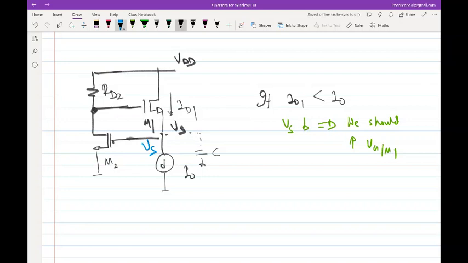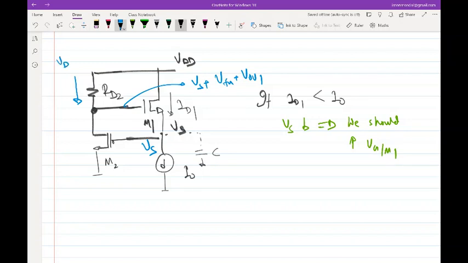You assume W by L to be equal to start off. This voltage will be Vs plus VGS of M1, which is threshold voltage plus V overdrive of M1. So if that is the case, what will be the current through this resistor?